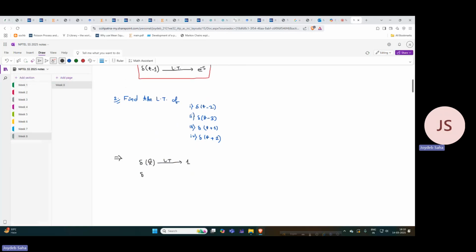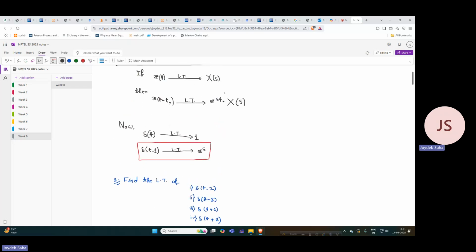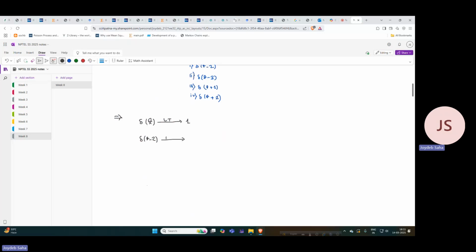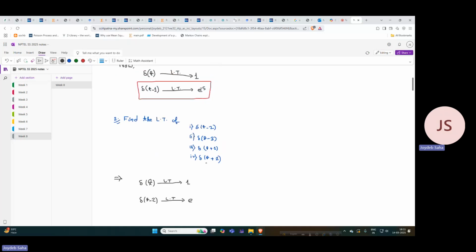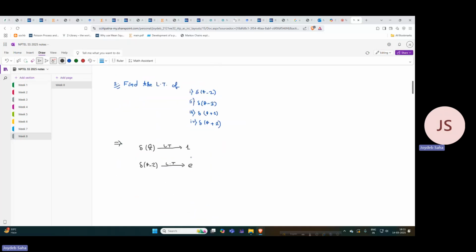So if we write delta t minus 2, its Laplace transform, using this formula, will be e to the power minus 2s, right?